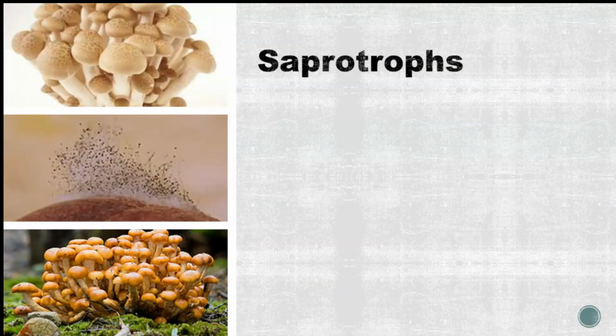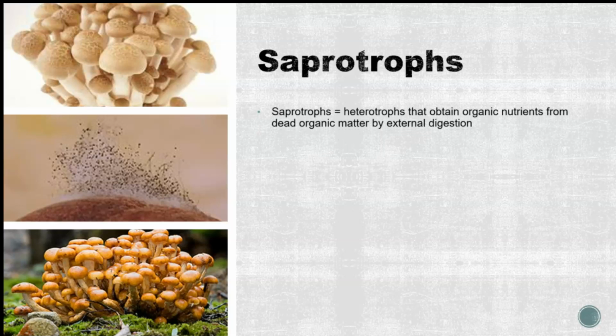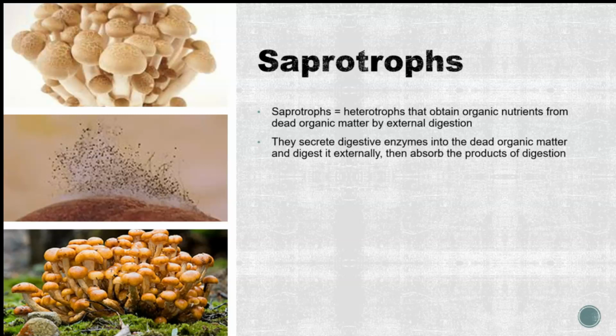Let me introduce you to saprotrophs. Okay, these are heterotrophs that will gain their organic nutrients from dead organic matter by external digestion. They secrete digestive enzymes onto the dead organic matter and digest it externally. So they don't eat it as such, they don't take it in, they absorb it.